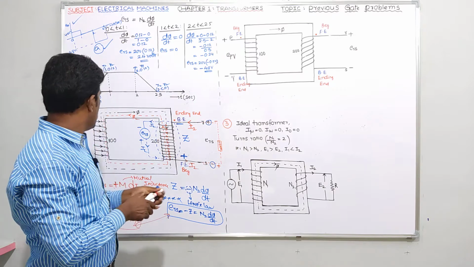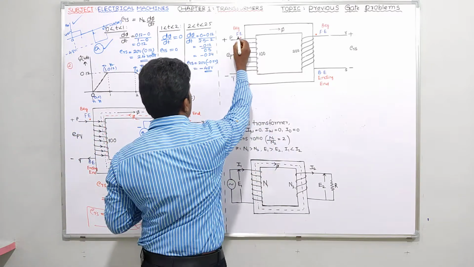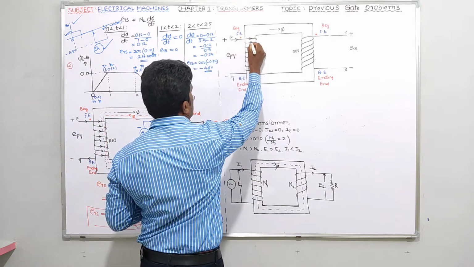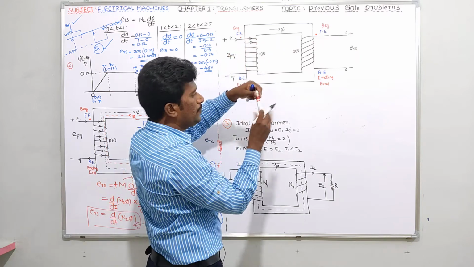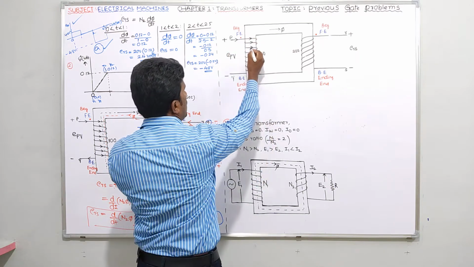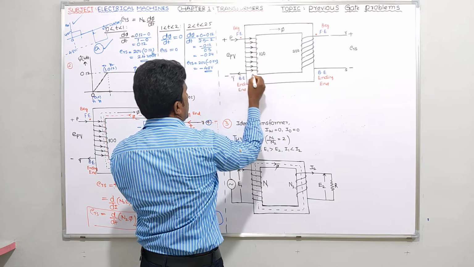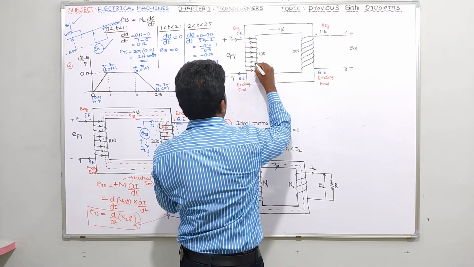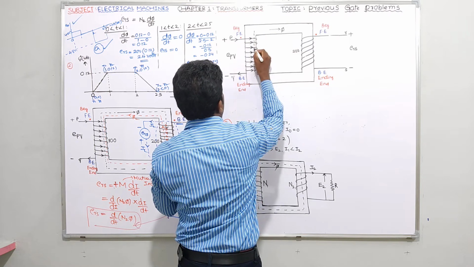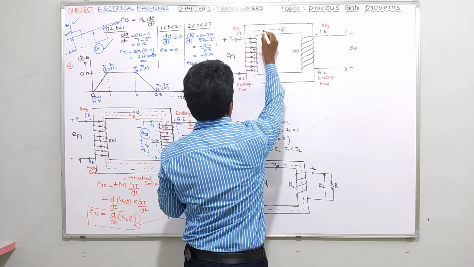Now let me solve the question for this one. Please be fast. I already told you, current enters at the front side and leaves at the back side. So this is the direction of current. So the flux will be upwards here by using the right hand thumb rule, which I already discussed.